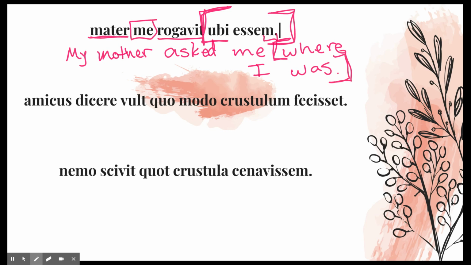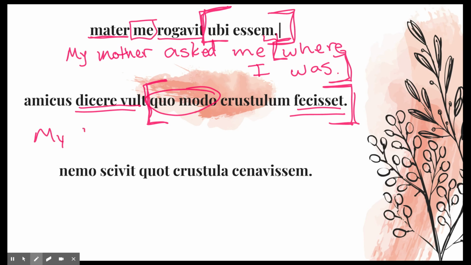Let's do the next one. Amicus dicere volt quomodo crustulum fecisset. I'm going to mark off my indirect question because I can recognize it by this question word. I have my subjunctive right here, so I know this is the end. Fecisset. So I know my main sentence is amicus dicere volt. My friend wants to tell.